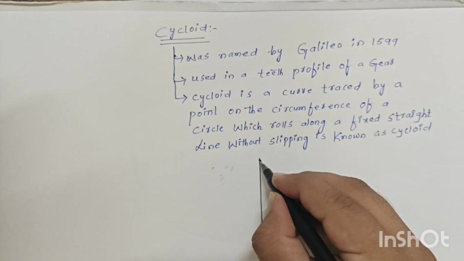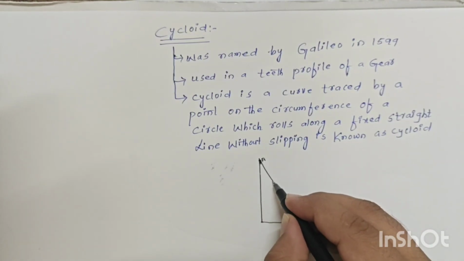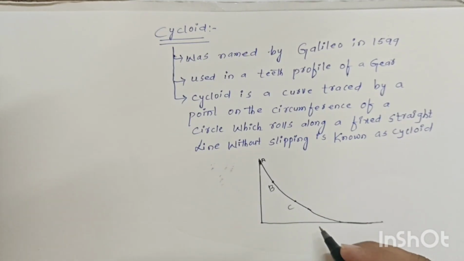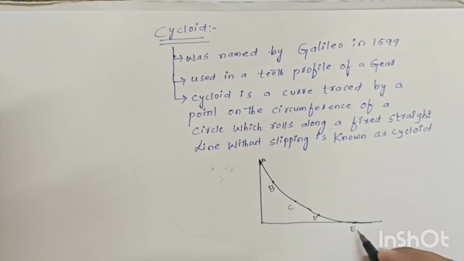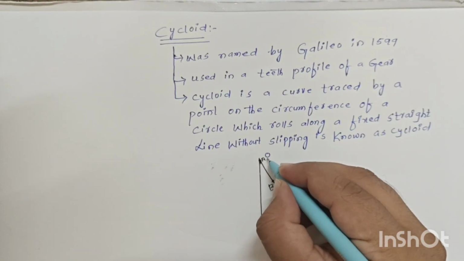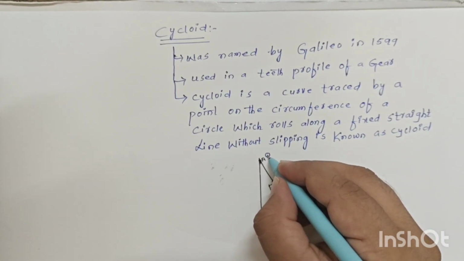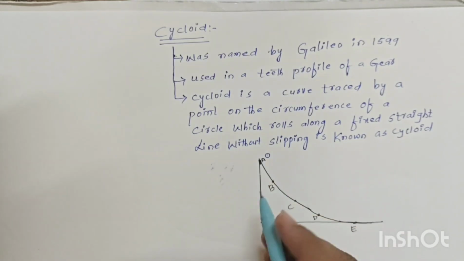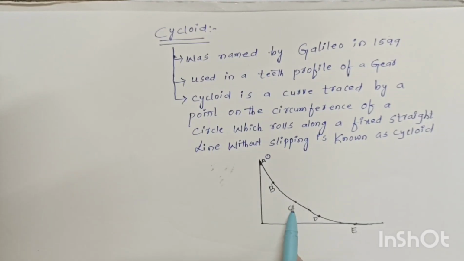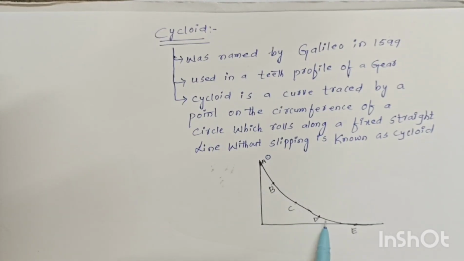So on this curve I'm marking specific points: point A, point B, point C, point D, and point E. Let us assume this ball is placed at point A. The ball moves from A to B, B to C, C to D, D to E, and will take the same time to reach E.